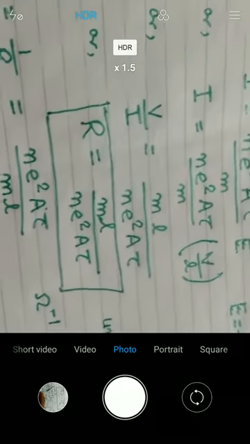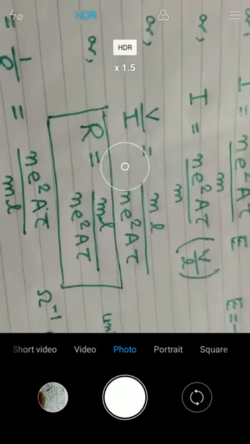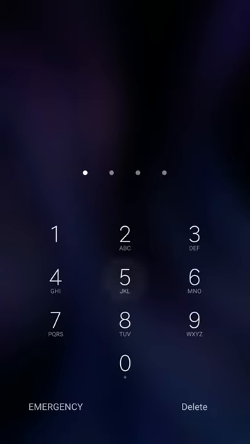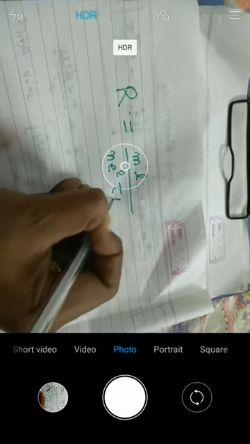Now observe the formula for resistance. R equals mL by ne²Aτ. Now see, R equals mL by ne²τA.